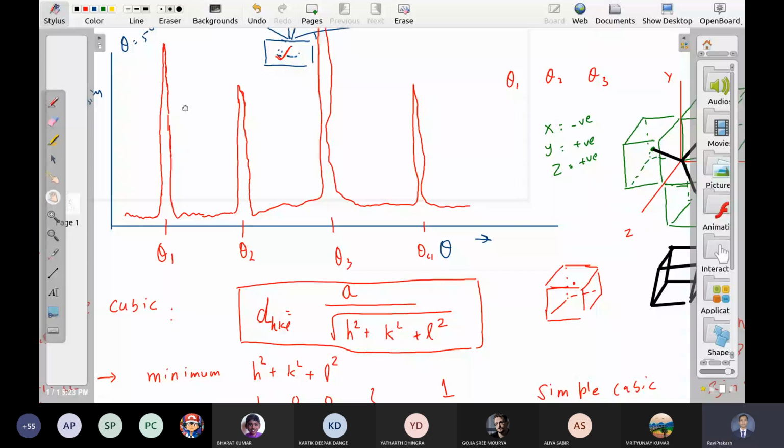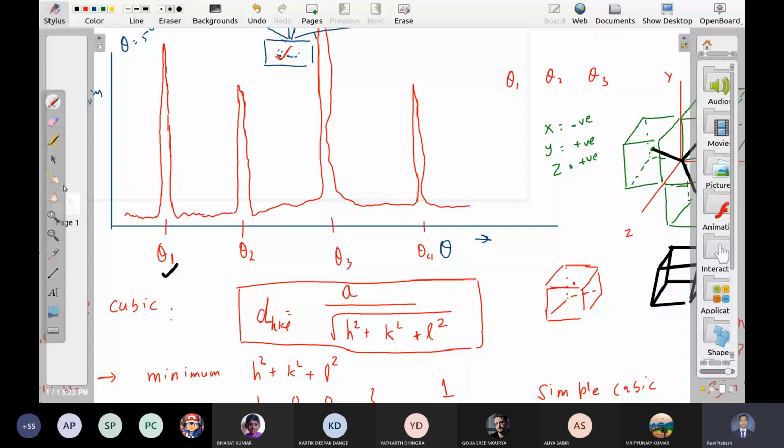verify the ratio of angles. It should match with one of the possible unit cells, and from there you will get the answer. Now once you know that this is simple cubic, and this is the first angle, you can also calculate which plane it belongs to, and now you can directly apply this formula: n lambda equals 2d sin theta.